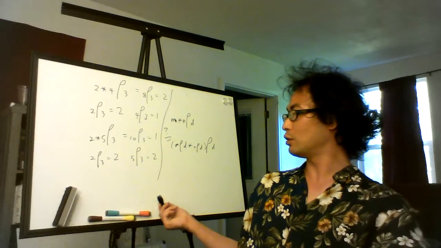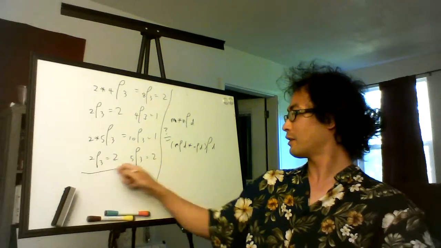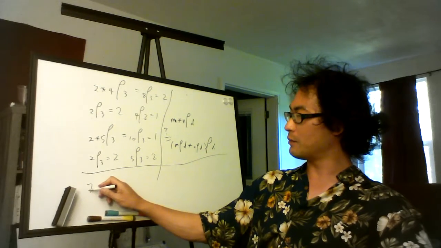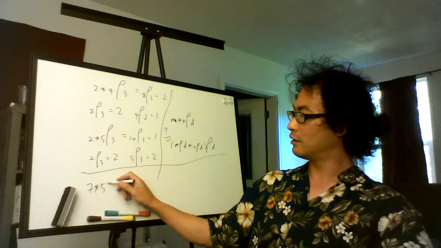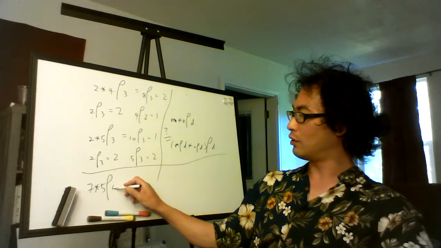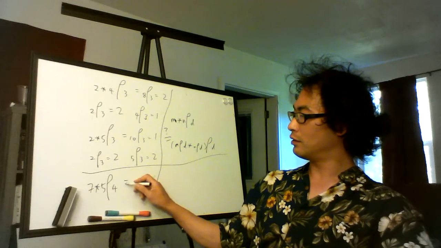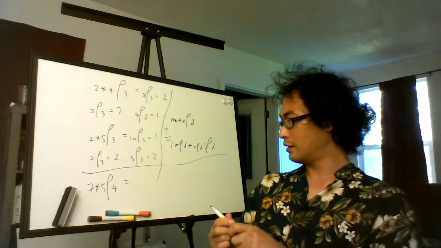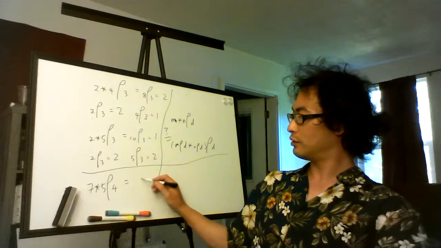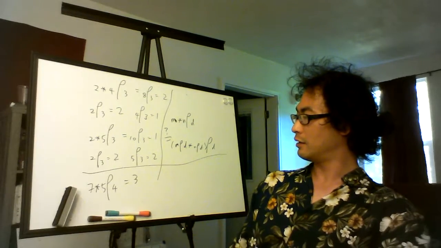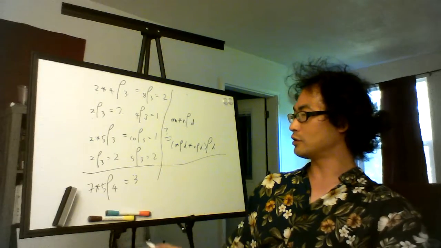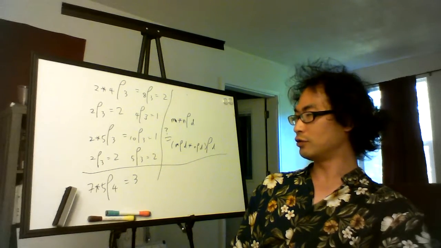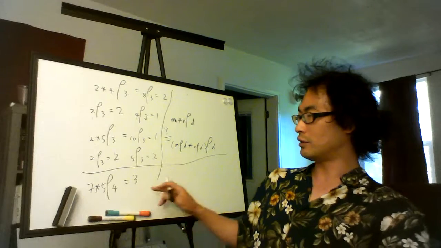Let's make some totally random example, okay? How about 7 times 5 mod 4, 35, 32, 3, right? 35 divided by 4, what's the remainder? Yeah, 32 is a multiple of 4, so remainder 3, right?